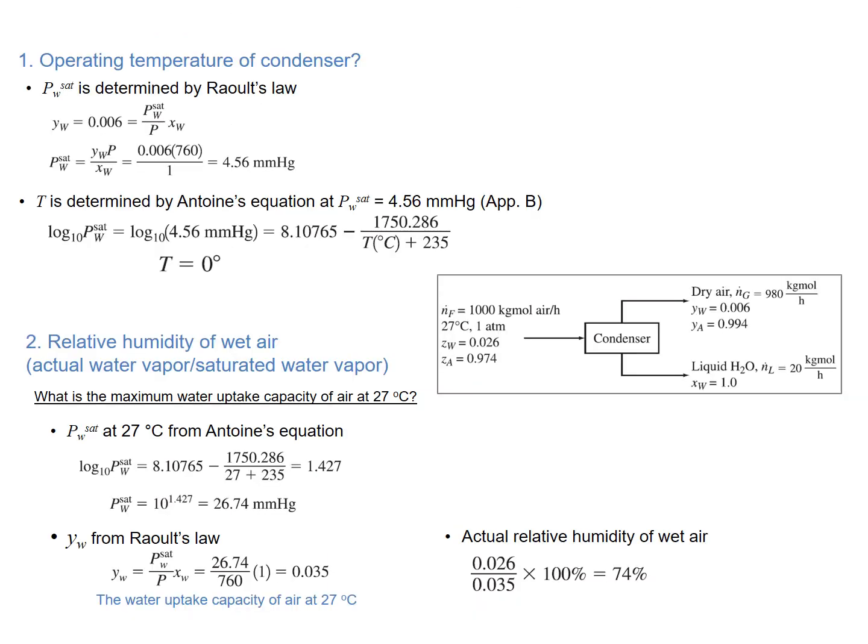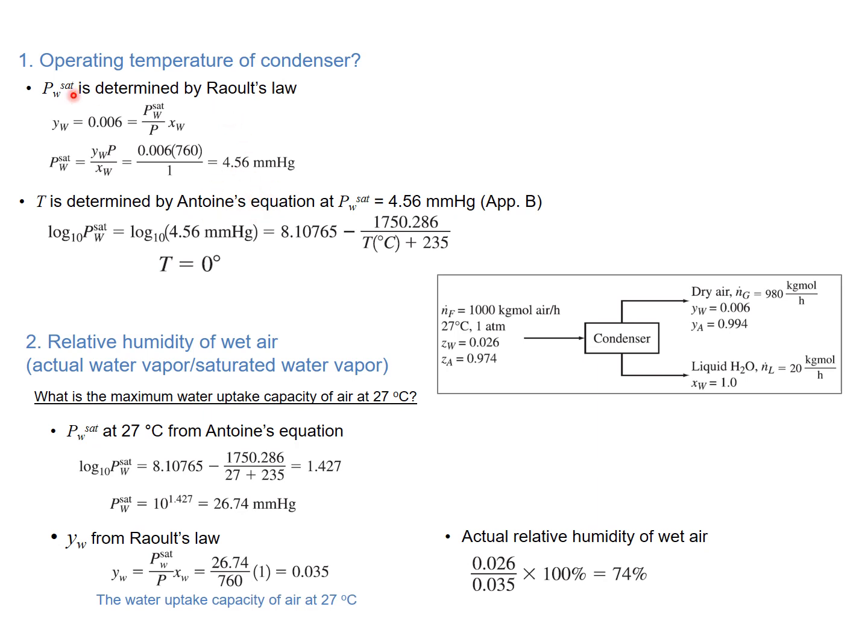The next thing we want to calculate is the operating temperature of the condenser. Right now we have all information about the mole fractions and flow rates. The other thing is the temperature of the condenser. This process is going at 1 atmospheric pressure. It is fixed. To calculate the operating temperature, we will use Raoult's law and the Antoine equation.